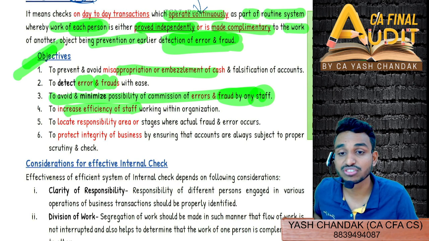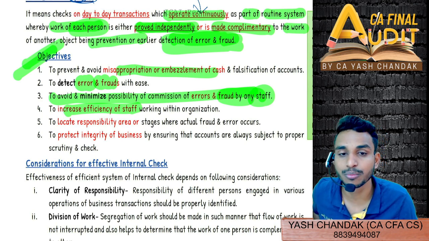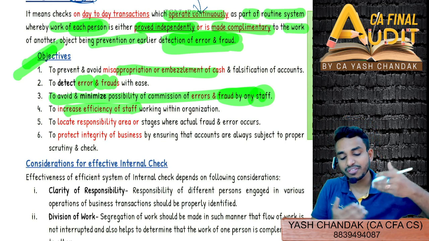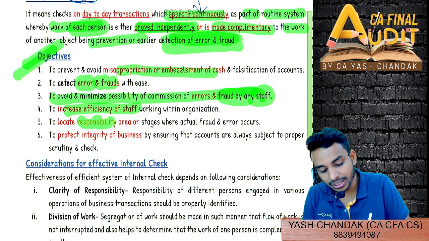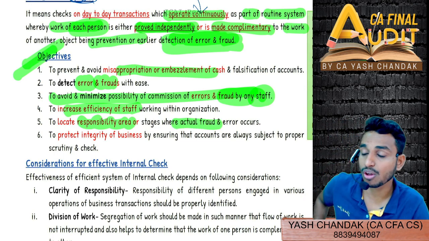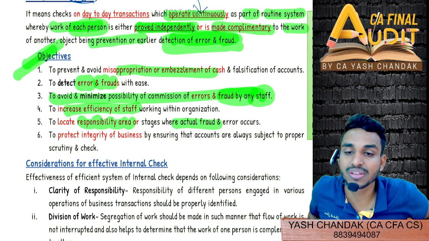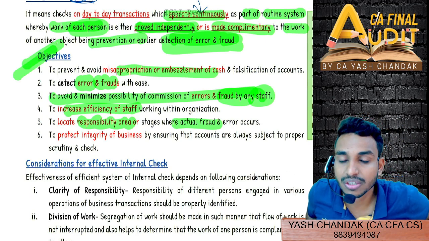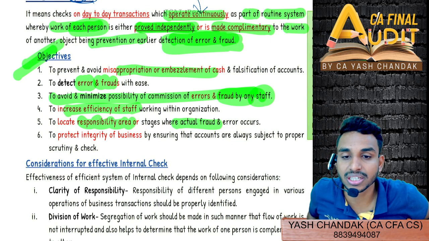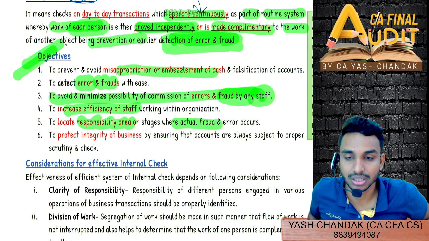If you have a check upon them, don't you think Dhanlakshmi will start learning more and more, studying more and more, if her mother is checking upon her daily, routinely in 2 hours? So efficiency will increase, and the responsibility area will also be located, or you can say where actual fraud or error has occurred generally. Then Lakshmi will realize that okay, since now she was not studying, but let's start now. Now is never, or never is never, right?